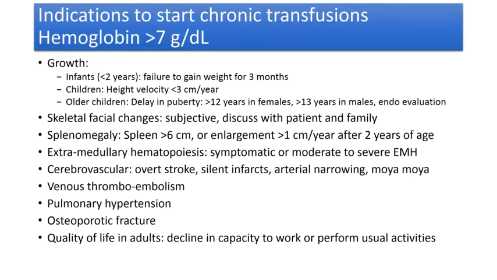There's the presence of extramedullary hematopoiesis, if it's symptomatic, of course, but also if it's moderate to severe. Cerebrovascular events, stroke, silent infarcts, arterial narrowing and moyamoya, venous thromboembolism, pulmonary hypertension, osteoporotic fractures, and quality of life in adults, such as decline in capacity to work or perform usual activities, can all be reasons to start transfusions even when the hemoglobin level is greater than 7.